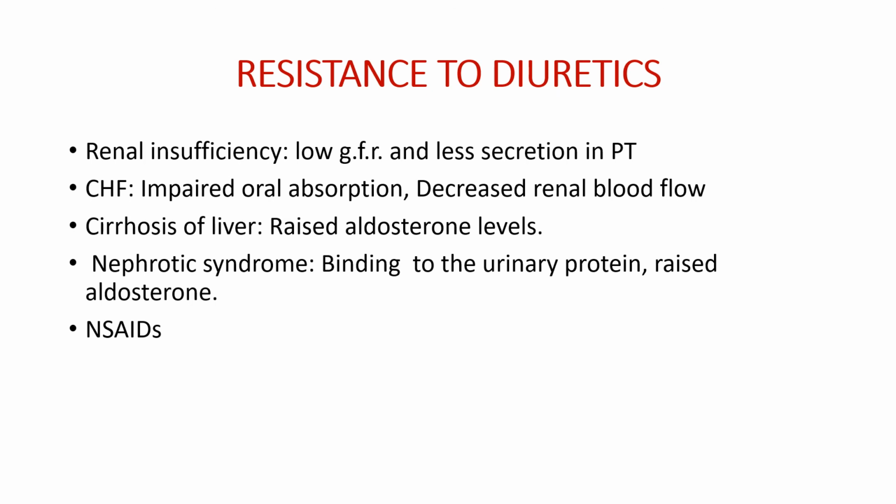In cirrhosis of the liver, there will be a raised aldosterone level, which will counter the action of diuretics in sodium reabsorption. In nephrotic syndrome, the diuretics will bind to the urinary protein which is excreted, and this may lead to decreased action, and also there will be a raised aldosterone level in nephrotic syndrome. And concurrent NSAID administration will diminish the efficacy of diuretics.